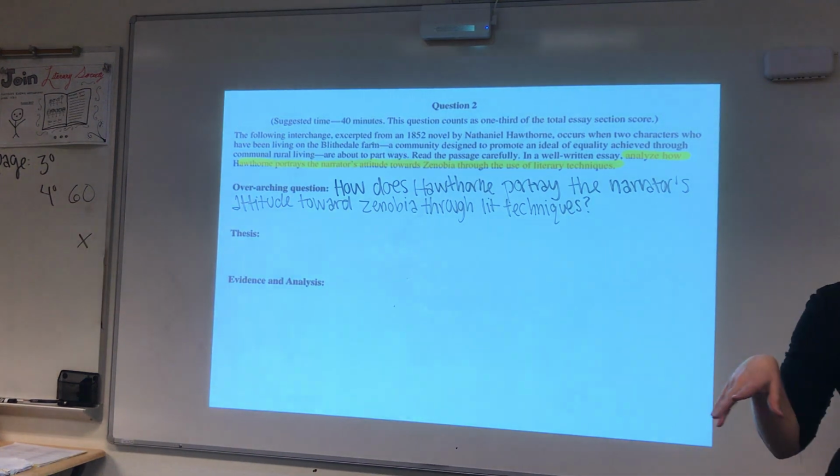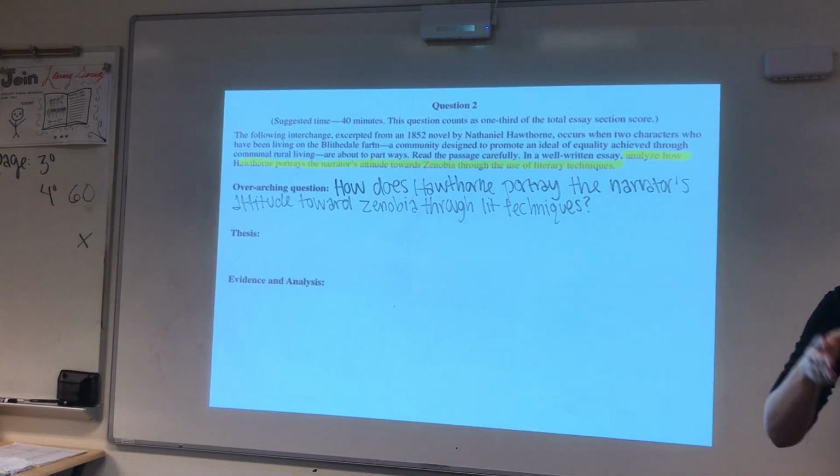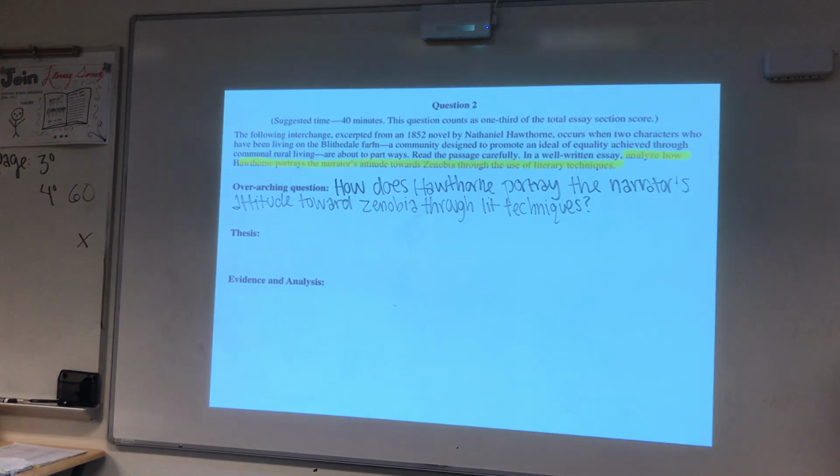Yes. Okay. No? Trust your gut. Alright, so then let's stick with that. So, with prose, what are some pretty easy things that we could do with prose for literary techniques?